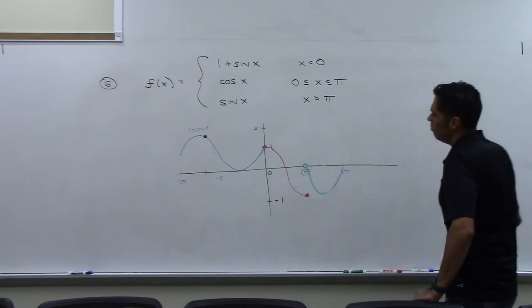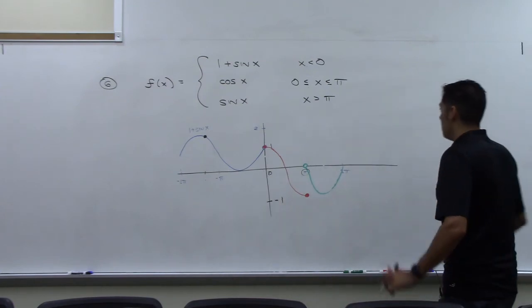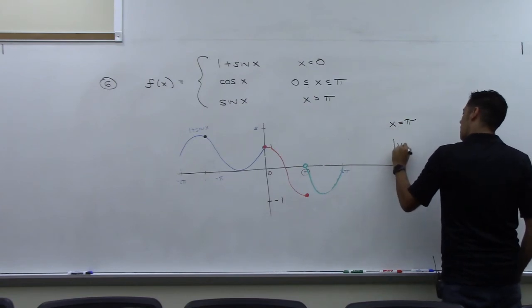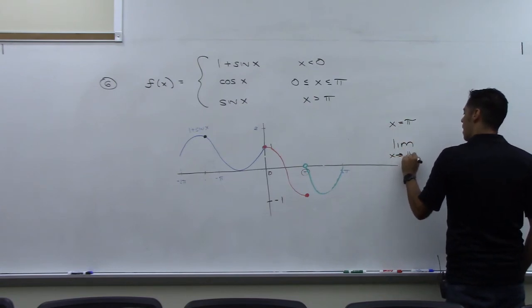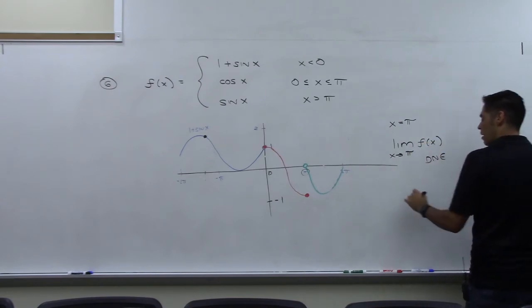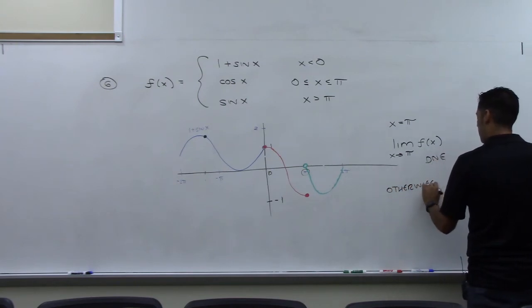So I'm instead going to tell you where the limit does not exist. So at x equals pi, the limit as x approaches pi of the function does not exist. Otherwise, it does.